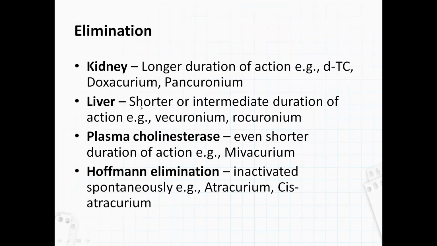Coming to elimination of the drugs, usually all the non-depolarizing blockers, some of them are eliminated by kidney, some of them are eliminated by liver, plasma cholinesterase, or Hofmann elimination. The drugs which are getting eliminated by the kidney usually have longer duration of action.